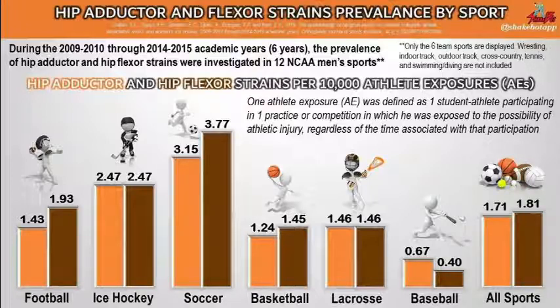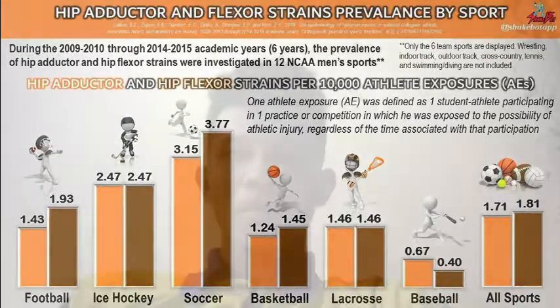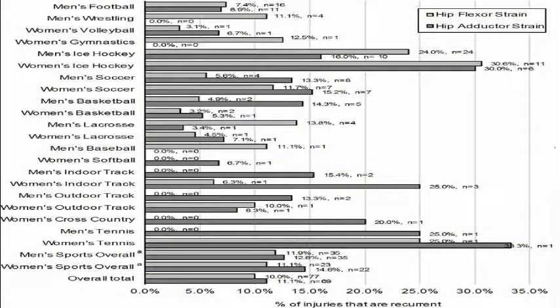Okay, as we can see in the chart, soccer is highest of hip adductor and hip flexor strains per 10,000. Okay, and then percentage of injuries that are recurrent.